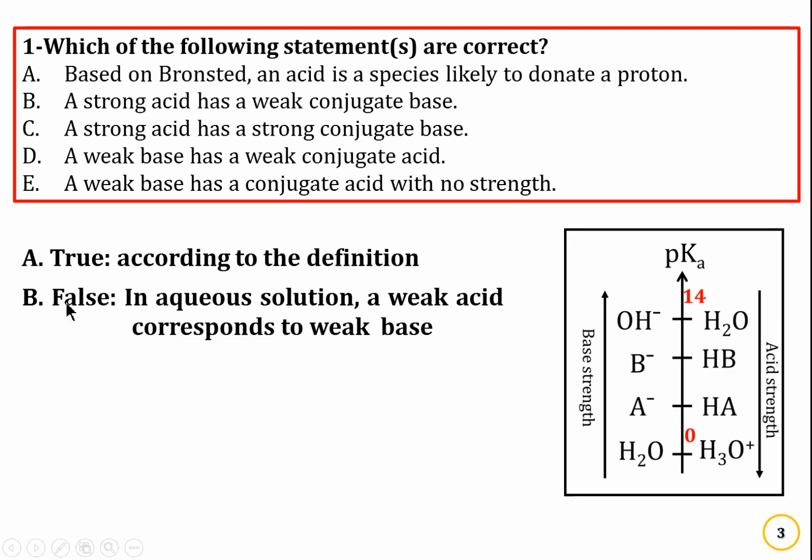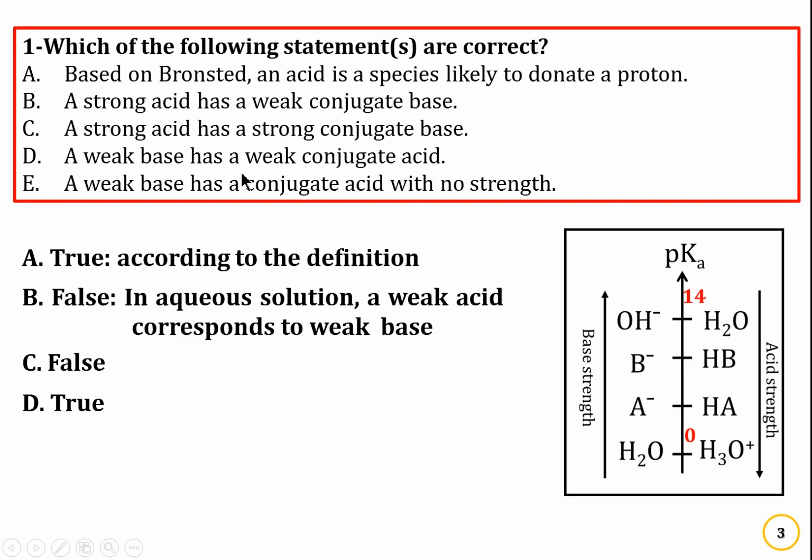So B is false. A strong acid has a weak conjugate base. We can correct: a weak acid has a weak conjugate base in solution. C is false. D is true.